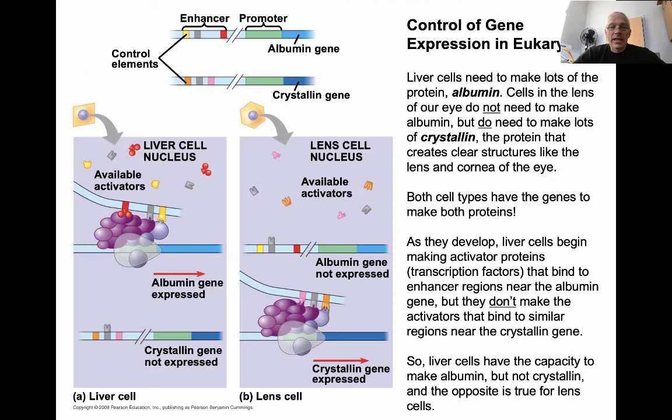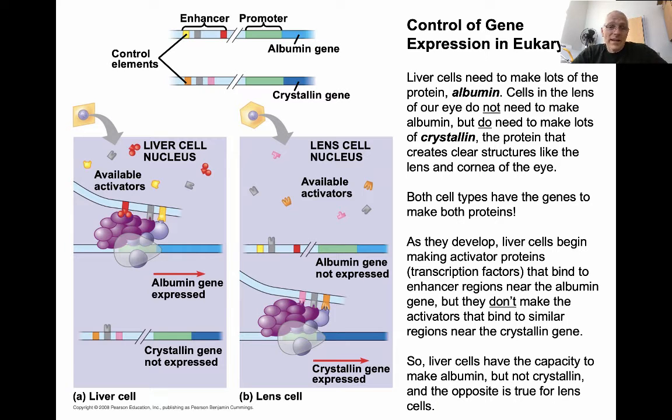We're going to take a look at an example now, because sometimes an example is the best way to illustrate a point. I opened up the first video in this series talking about why liver cells act like liver cells, and why the cells in the lens of the eye act like lens cells and not liver cells. And here's a closer look at that phenomenon.